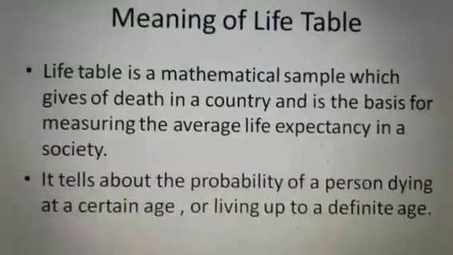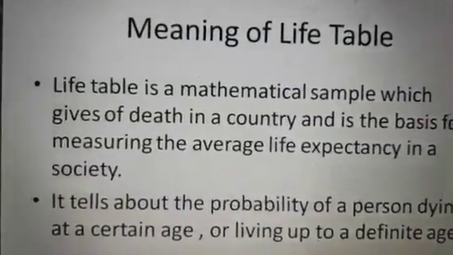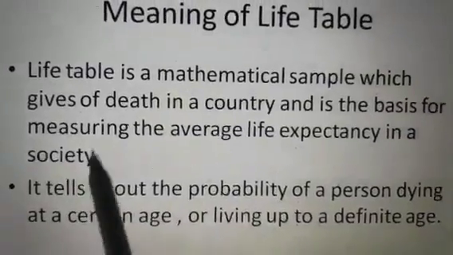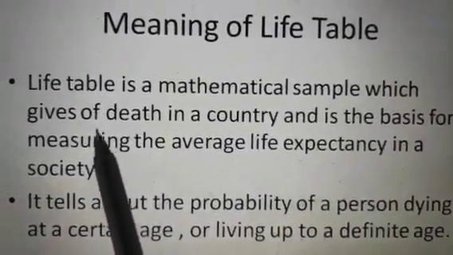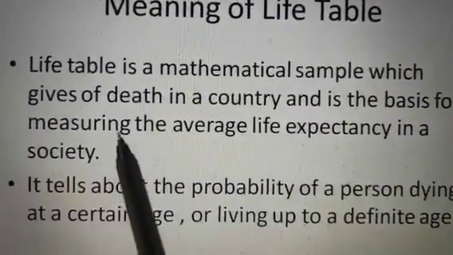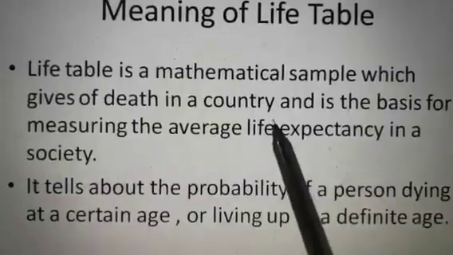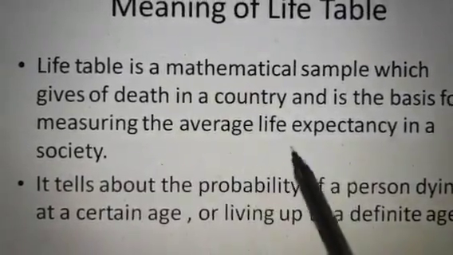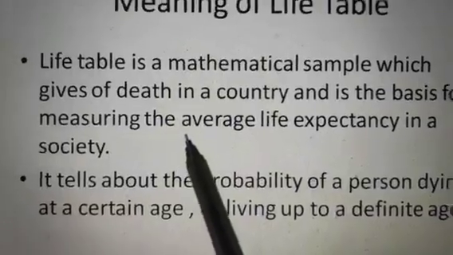And then you may explain the meaning of life table. So students, we may say that life table is a mathematical sample which gives deaths in a country and is the basis for measuring the average life expectancy in a society.